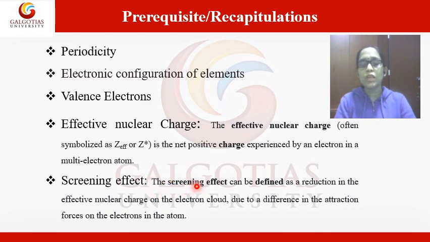The screening effect is defined as the reduction in the effective nuclear charge on the electron cloud due to the difference in the attractive forces on the electrons in an atom. The inner shell electrons act as a screen which reduces the attractive force of the nucleus on the valence shell electrons. This phenomenon is known as the screening effect or shielding effect.